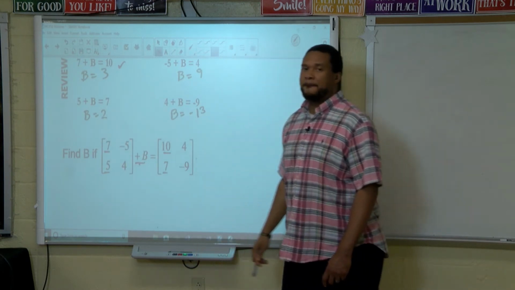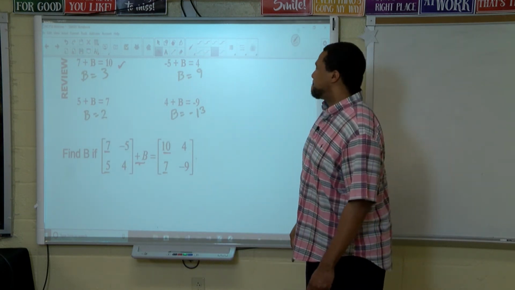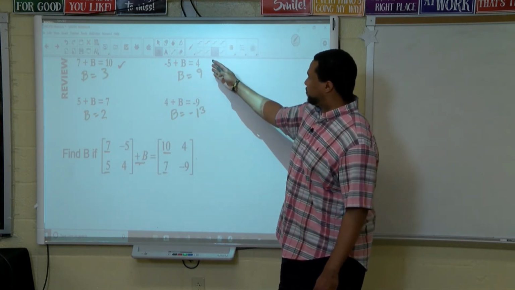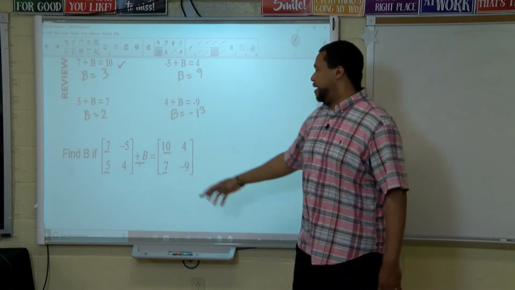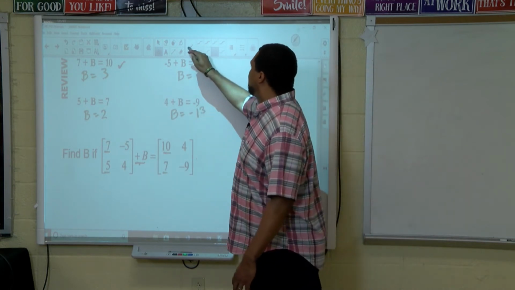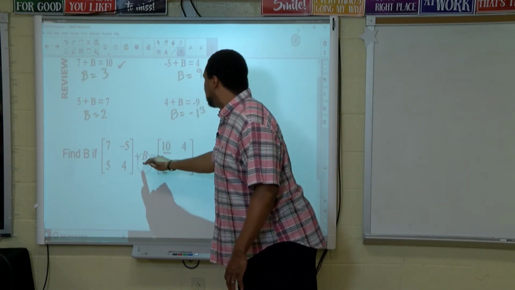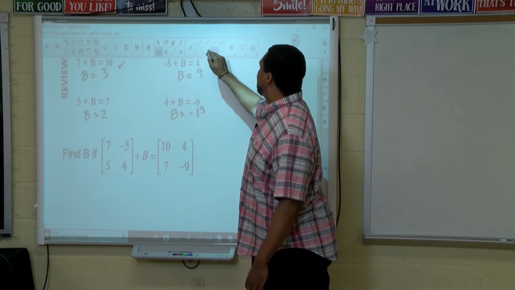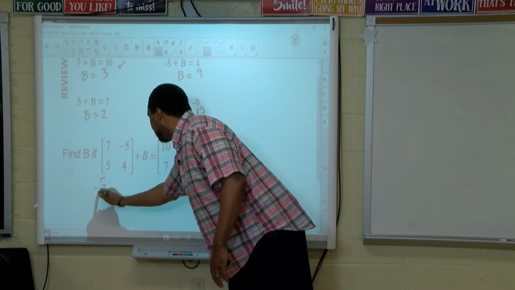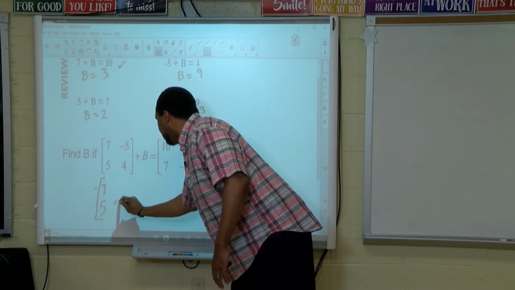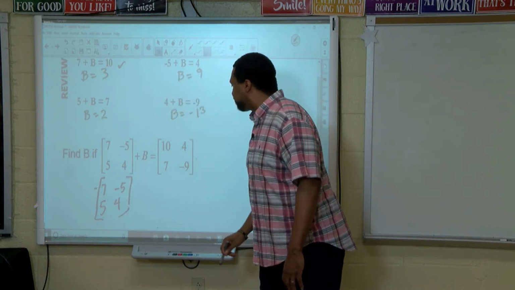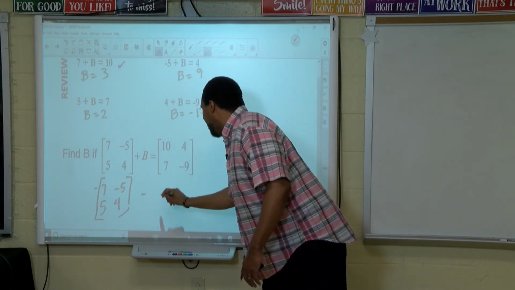That was done there. Negative 5 plus b equals 4. 4 plus b equals negative 9. So mathematically, we would subtract this matrix from this matrix on both sides, just to show it in matrix form.